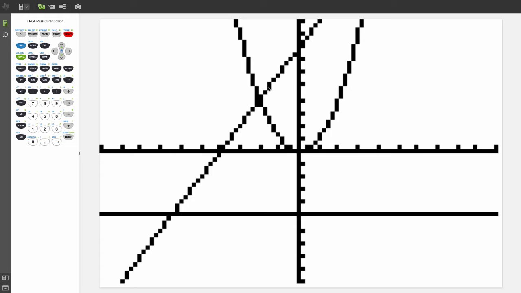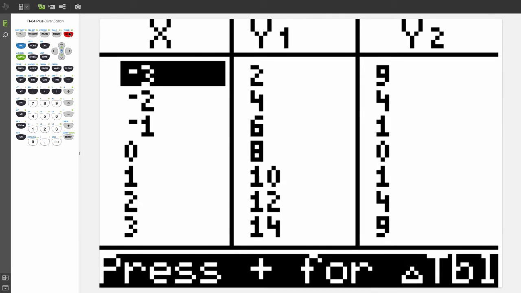So this can help you to at least identify what your graph should look like and where. If you go to your table of values, it might also be beneficial to help plot some of those points. So for example, looking at the table, here are all the x values, the domain values. And for our first function, which was the line, here are the points we should plot.